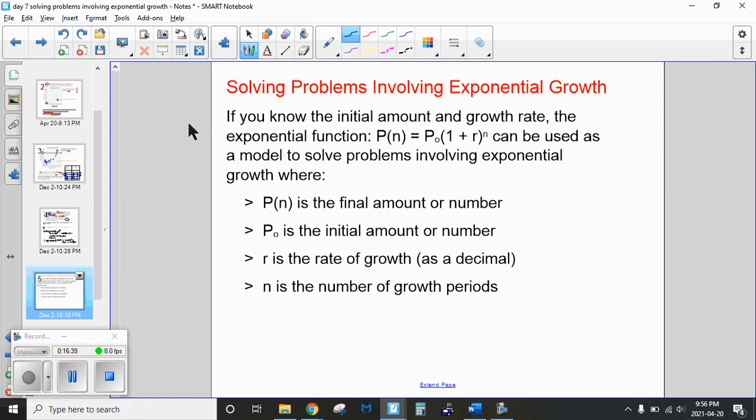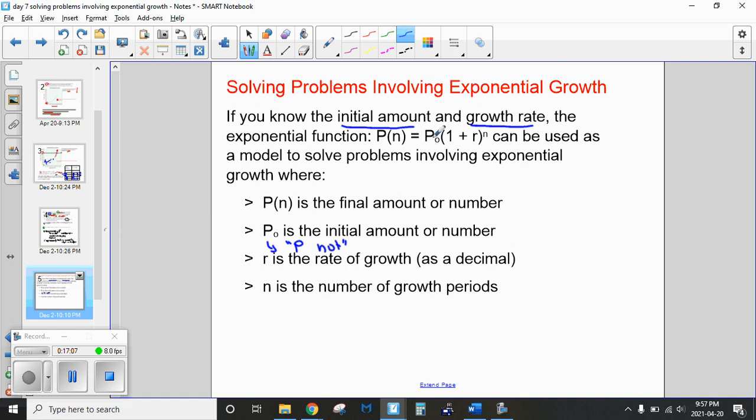So if you know the initial amount and the growth rate, the exponential function P at n equals, this is called P naught, can be used as a model.